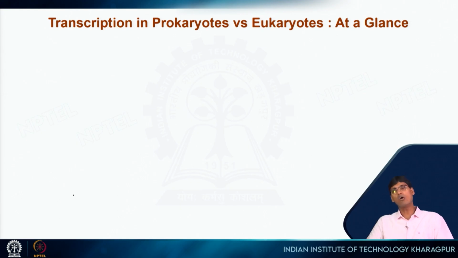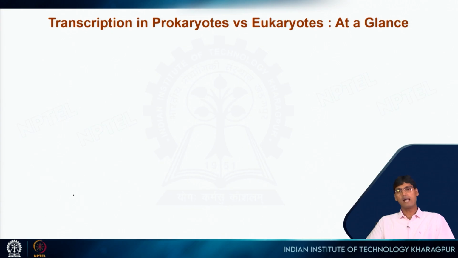And also the processing part is really different between prokaryote and eukaryote. In prokaryote, those additional steps are not there, but in eukaryote we need to have these processing steps, the addition of the 5' cap, the 3' poly-A tail, as well as removing the introns from the mature mRNA.